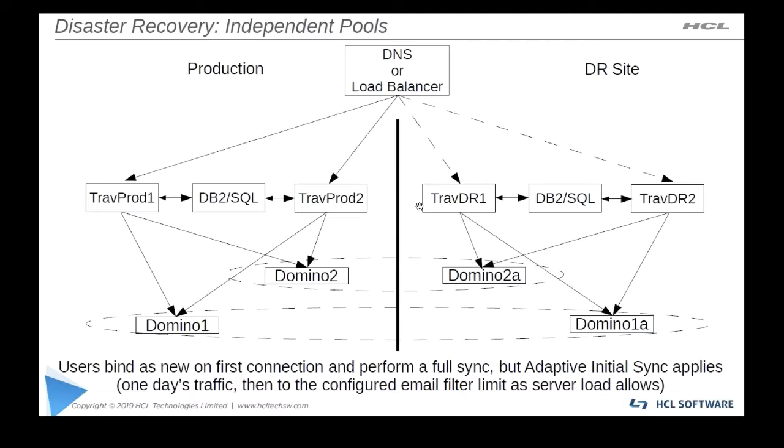Because the first time that device hits the DR site in a disaster situation, they'll get 1 day's worth of mail, which leaves server processing time to let everybody else get caught up with the first day's worth of email, to get everybody on the same sheet of music.